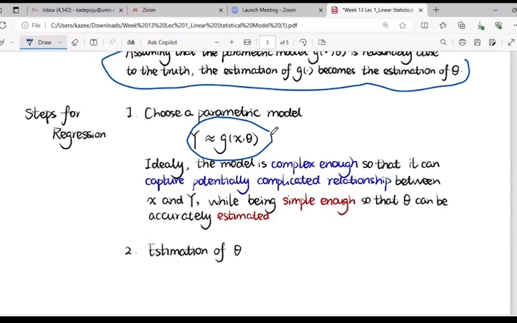But what we don't want is high bias. You know what high bias means? High bias means the model you specify is too simple and the reality is complicated. If you are using a simple model for a complicated reality, that model will not capture the signal.